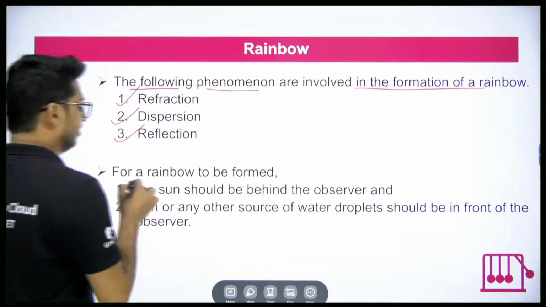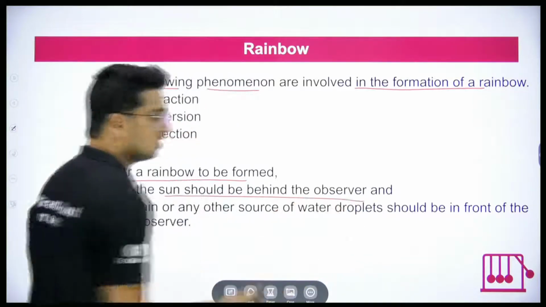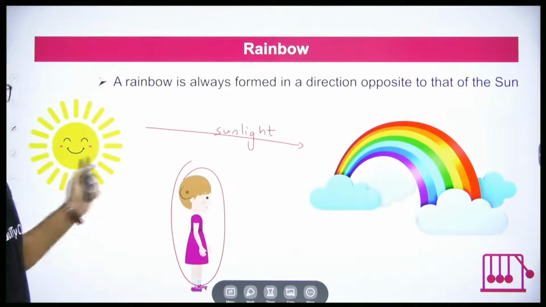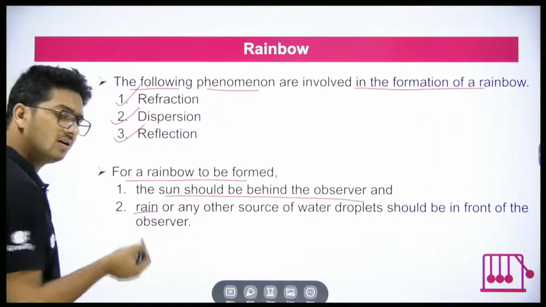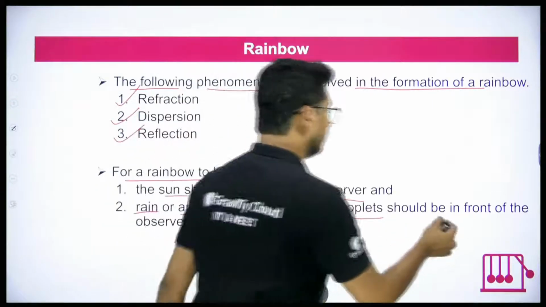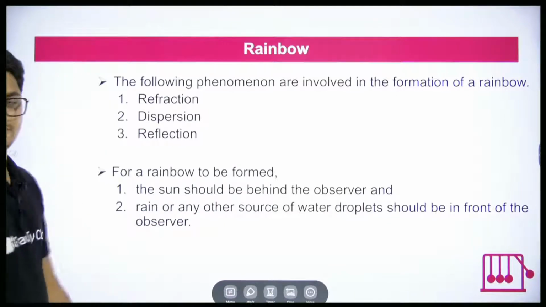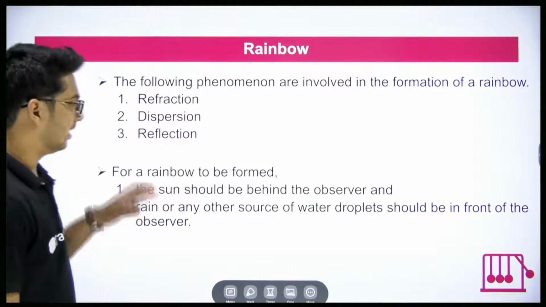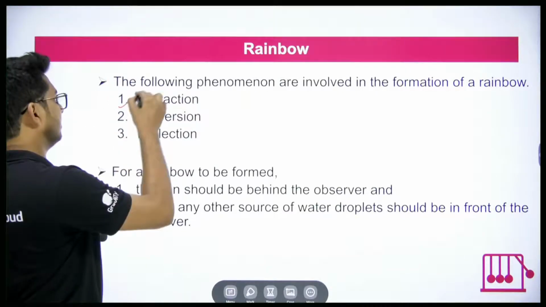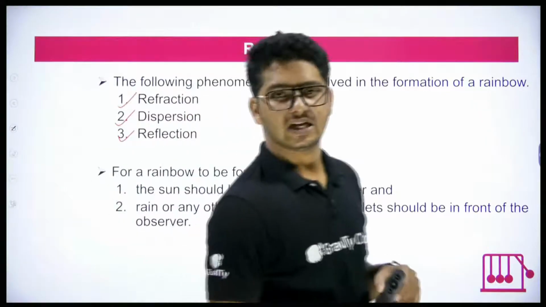At the same time, for a rainbow to be formed, the sun should be behind the observer, and rain or any other source of water droplets should be in front of the observer. These are the conditions and these are the phenomena that take place. Refraction, dispersion, reflection. All three of them take place. Got it?